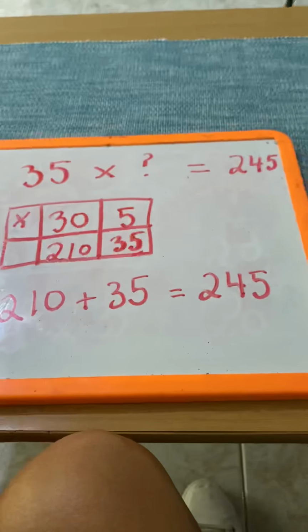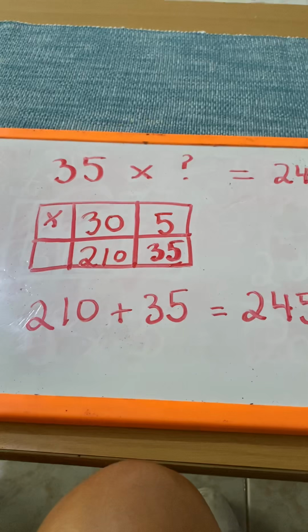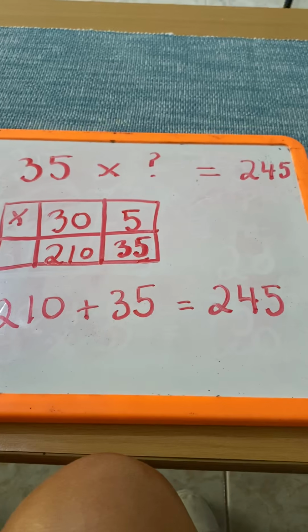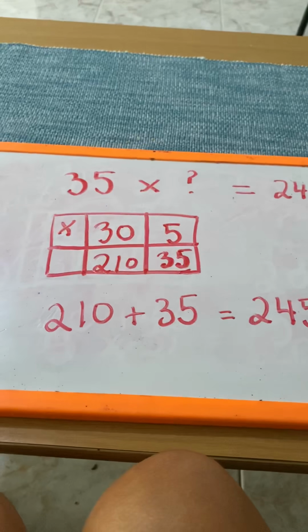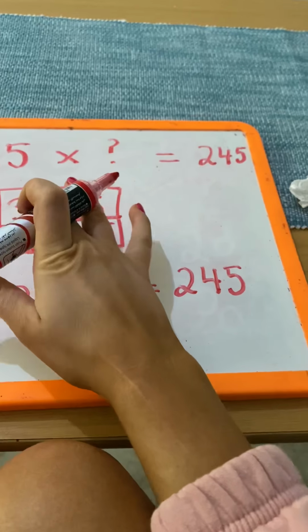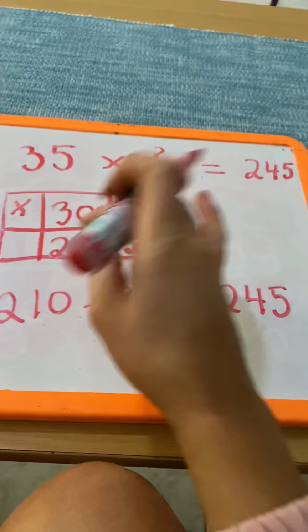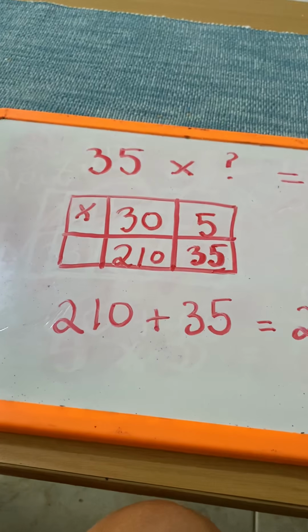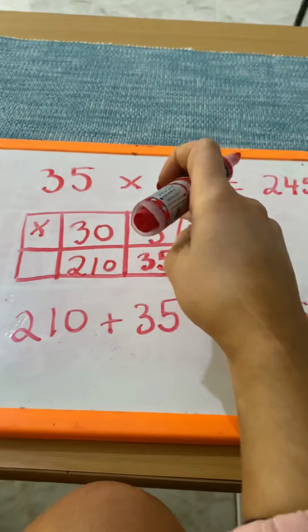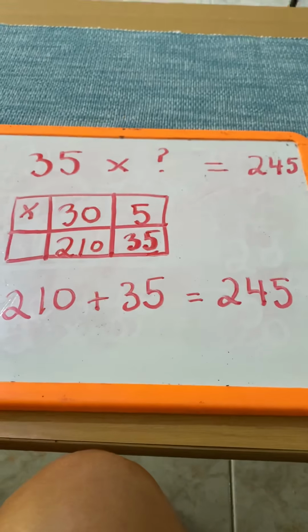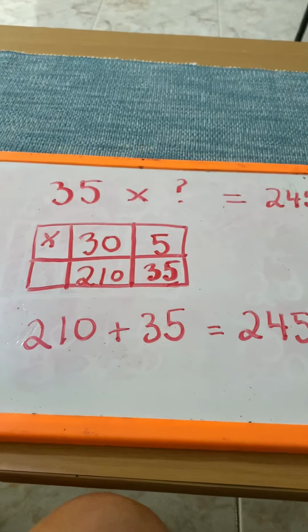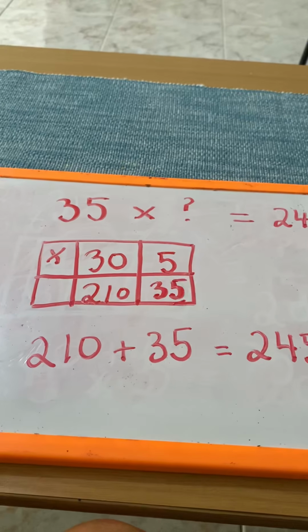So now we're trying to figure out our function. So let's ignore our zeros for a minute because they're quite big numbers to be looking at. 3 times something makes 21. 5 times something makes 35. I wonder, what could that number be?